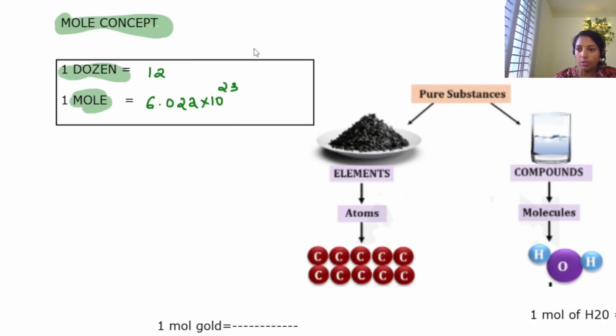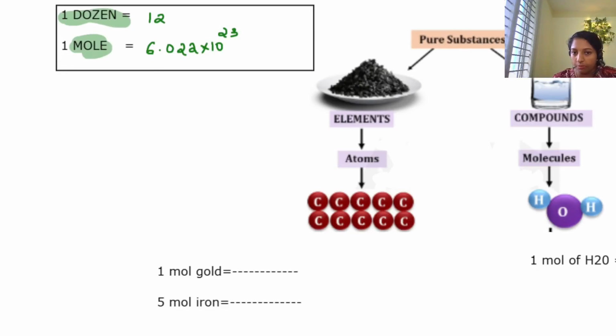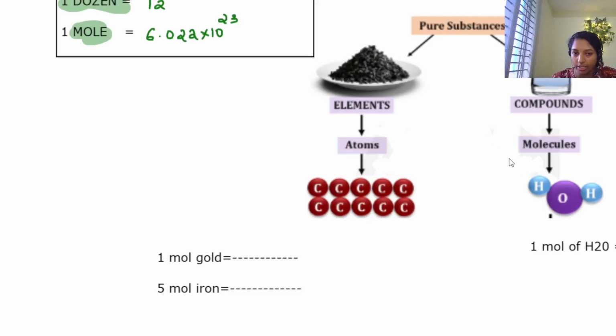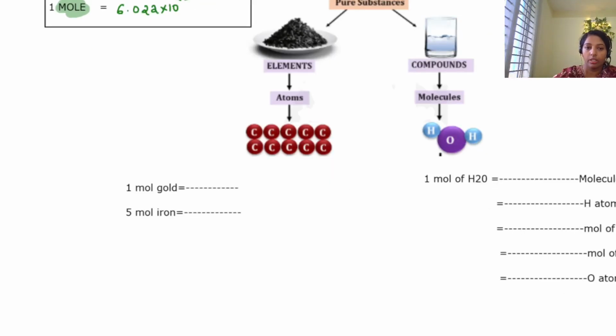Let's see how this works in chemistry. You know that pure substances are elements and compounds, right? Elements are composed of atoms, and compounds are composed of molecules. The building block is different, right? If I say 1 mole of an element, gold for example, it contains 6.022 times 10 to the power of 23 gold atoms.